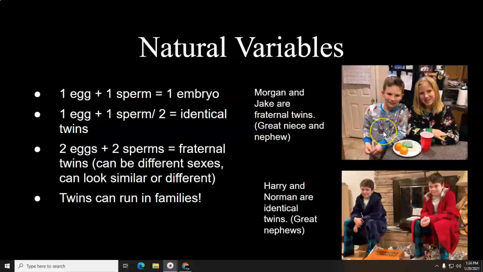So obviously they have different genders and they resemble each other, but Morgan is larger and was larger all throughout childhood until this past year when Jake out of nowhere grew a lot. We're talking like 6 inches. And then below are Harry and Norman. They are my great nephews and they are identical twins. And it's really hard to tell them apart.